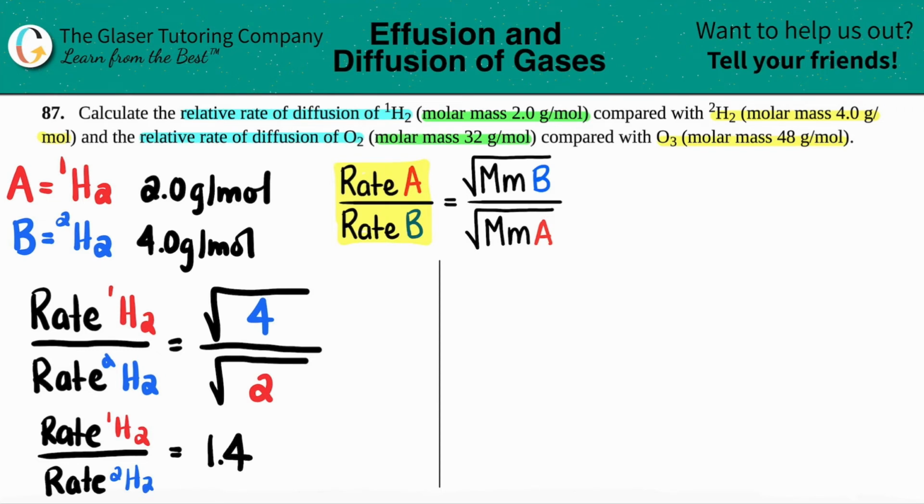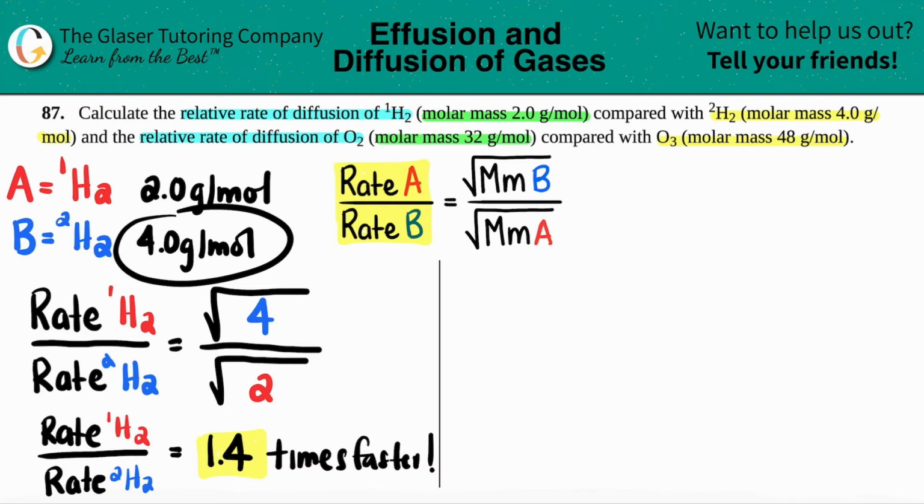That's my final answer for this one. Now, what does this actually mean? You could plug this into a fraction, right? Any whole number, I could just make into a fraction and put it over 1. So that means that H2 is 1.4 times faster than the other one. Actually, let me rephrase that. The molecule that has less mass is always going to travel faster than the ones that have more mass.